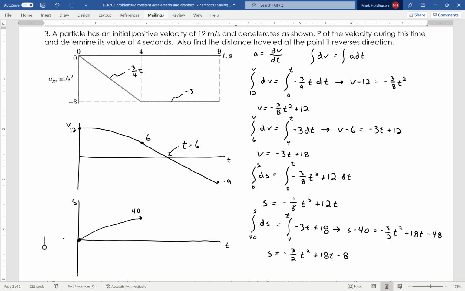When I plug in t equals 9, I get 32.5. And the other one of interest will be t equals 6, where this thing peaks out. This becomes 46. So I get an equation that looks something like that.